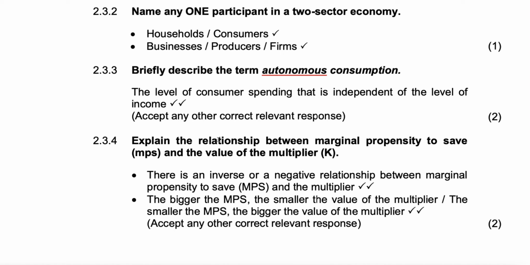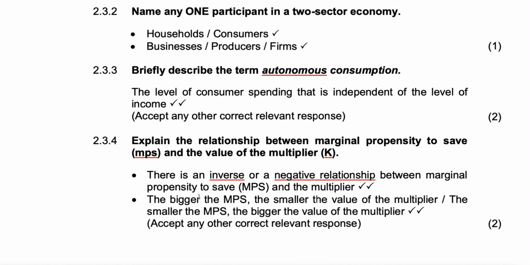Then explain the relationship between the marginal propensity to save, MPS, and the value of the multiplier K. Well, there's an inverse relationship, or a negative relationship, between marginal propensity to save and the multiplier.